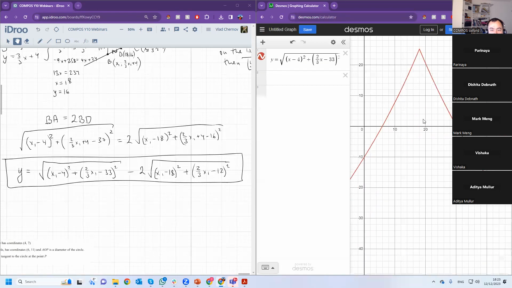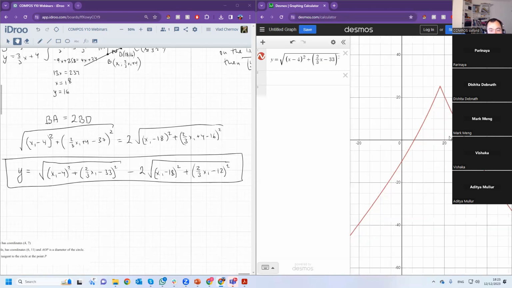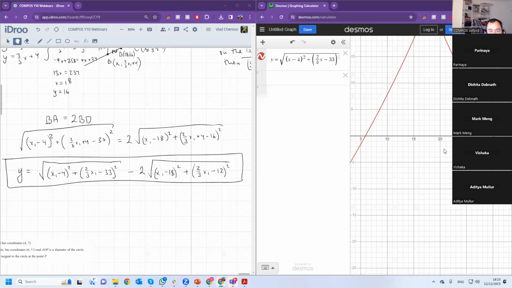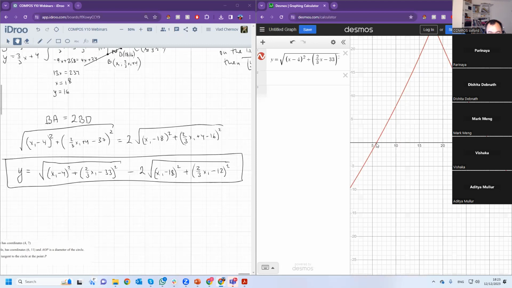And you only need to see where it crosses the x-axis. And it turns out it's beautifully, well, beautifully-ish, 5.876. So not an exact value, 5.876. And the other possibility is 30.124.